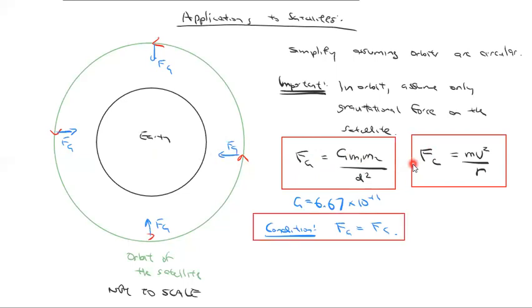And if you solve for that, I'll leave the maths out here, you can do that yourself. You can solve for v to equal the square root of GM over r. And we call this the orbital velocity.